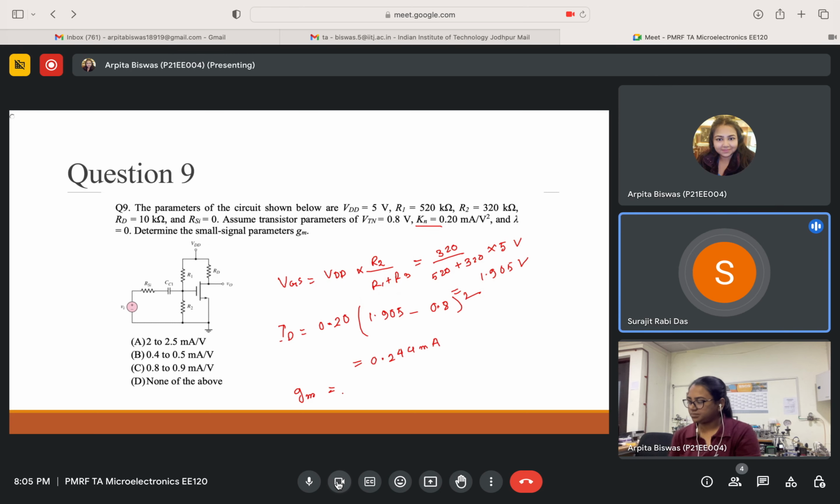Yes. By using ID, it is 2 into Kn dash into W by L into ID. So we can write it like this. What is the value of Kn here? 0.20 and the value of ID 0.244. So this value is 0.442 milliamps per volt.